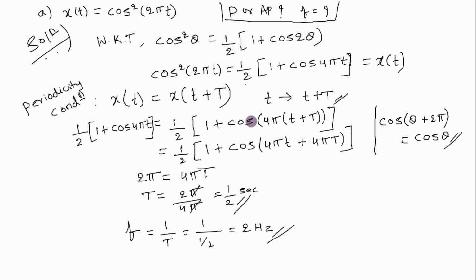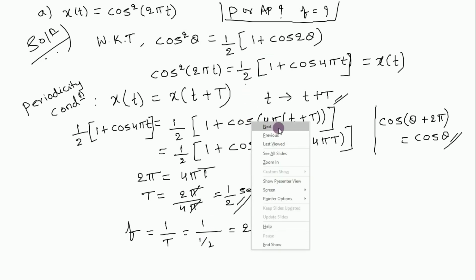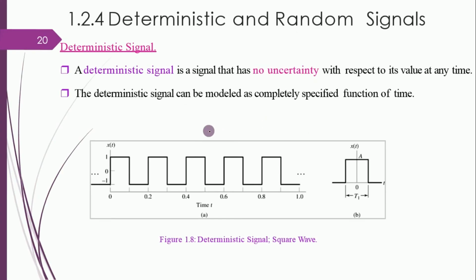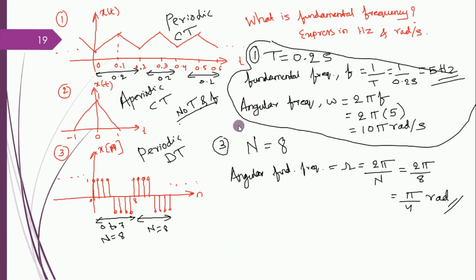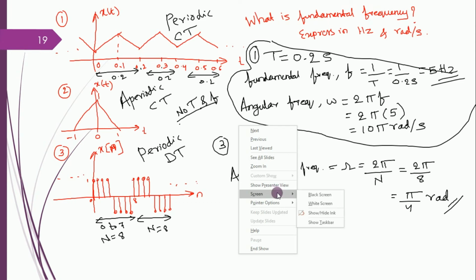Now we will go to the next example. I'll take one more blank screen. So next example B is x of t equal to sine 5 t. Find its periodicity.